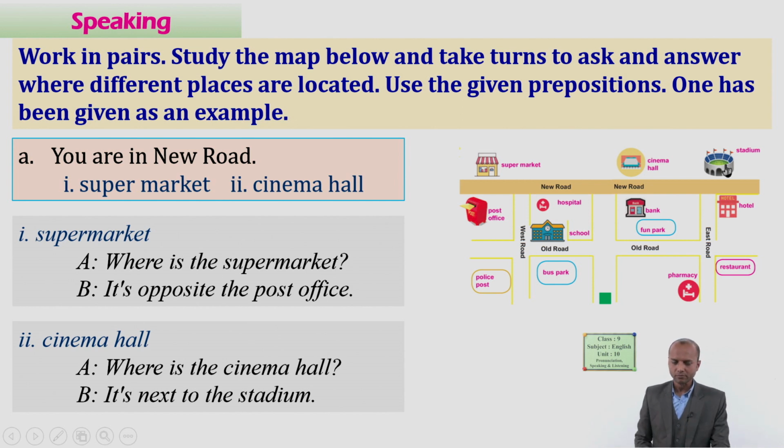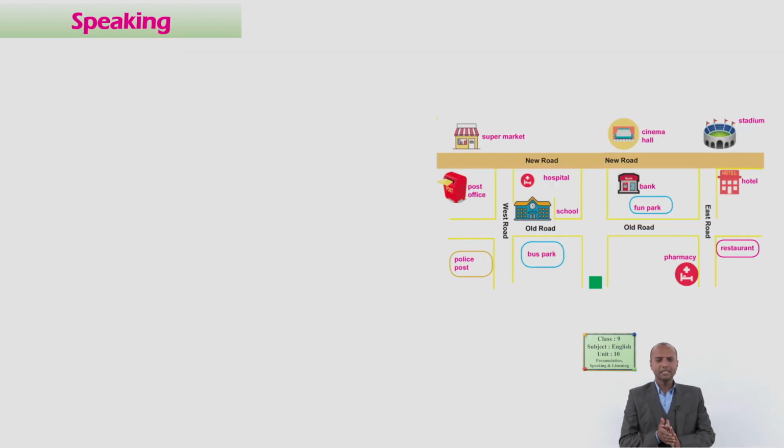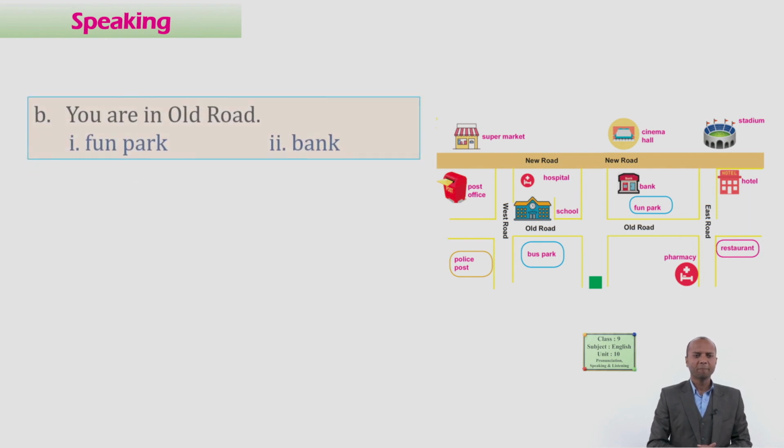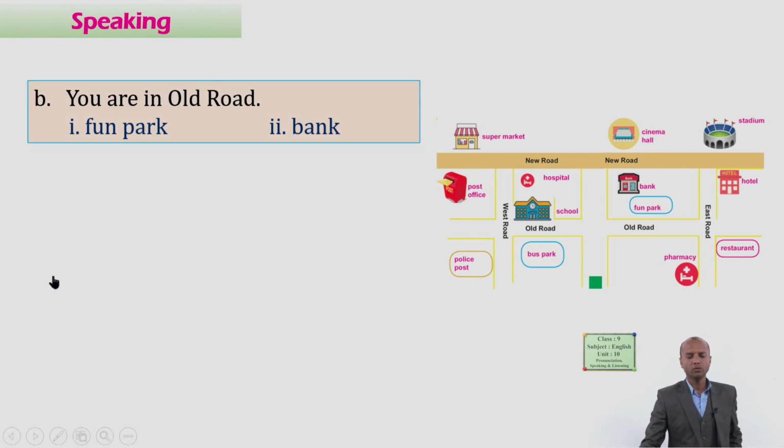Dear students, let's move to exercise B. It says you are in Old Road and you have to talk about the fun park and bank. So I'm pointing to the Old Road here. This is Old Road and you have to talk about the fun park. You can see the fun park there and the bank here.